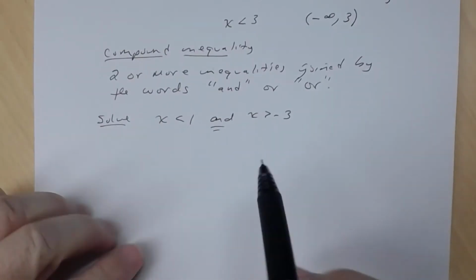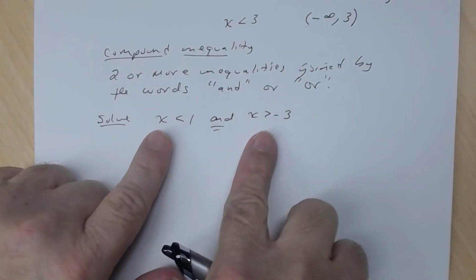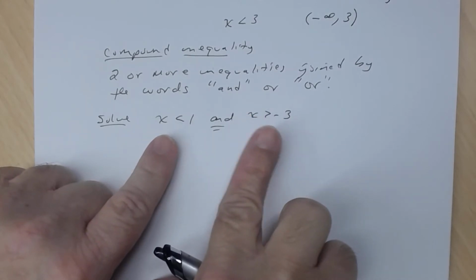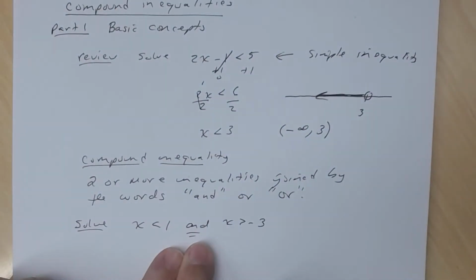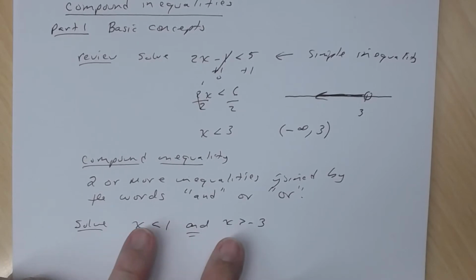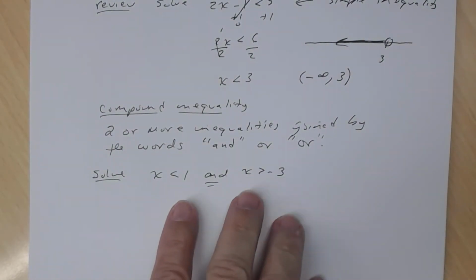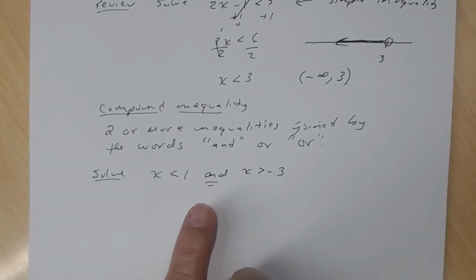But we're just going to look at these inequalities where the variable is already by itself. So that way we can understand what does the word and mean, and then what does the word or mean.